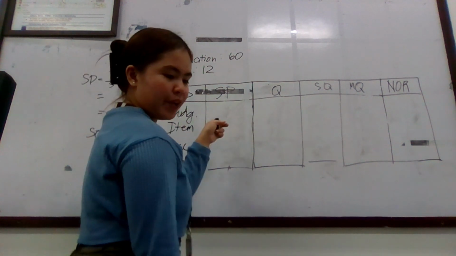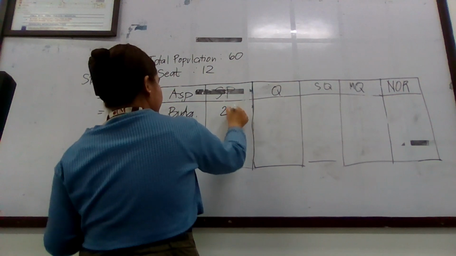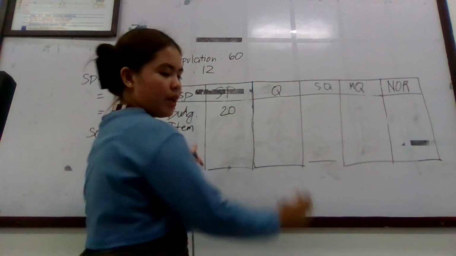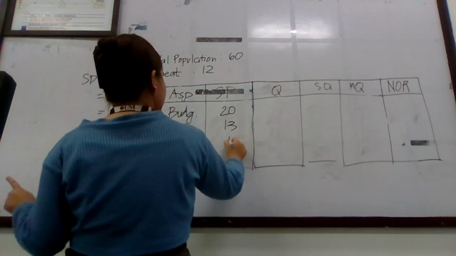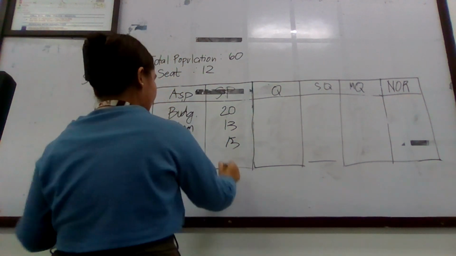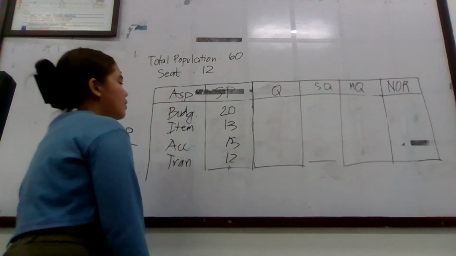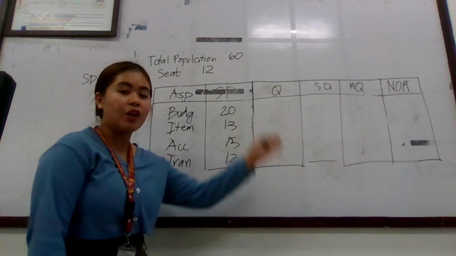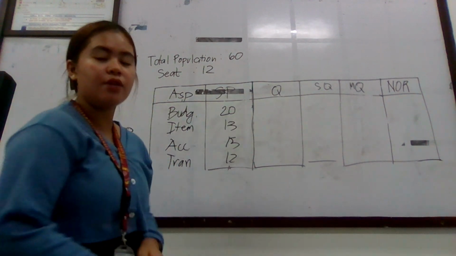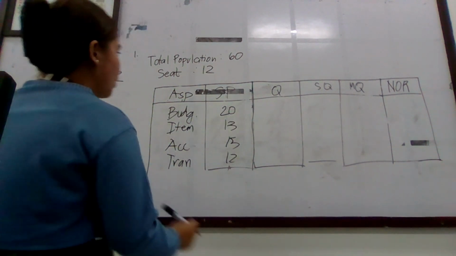So in budget, we have 20. In items, we have 13. In accommodation, we have 15. And transportation, we have 12. So the first step after identifying all of the givens, let us solve our standard divisor.